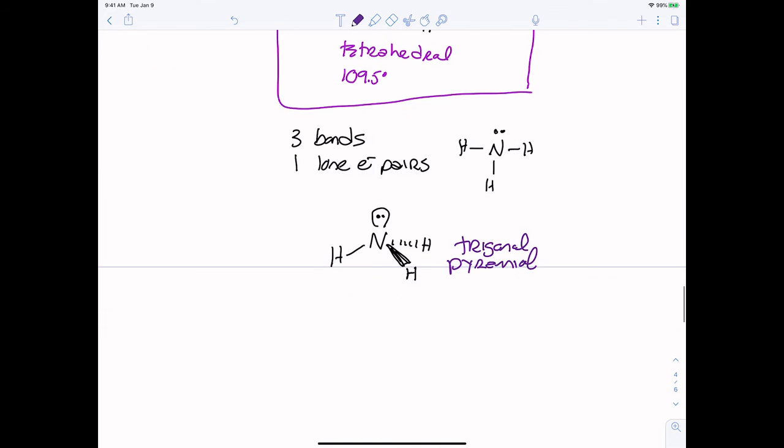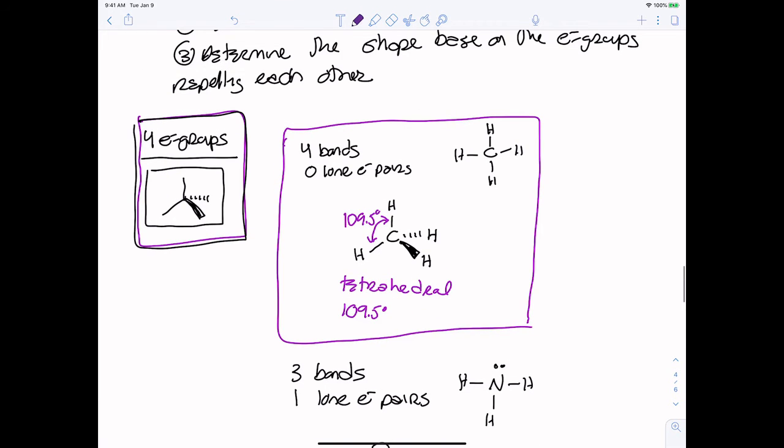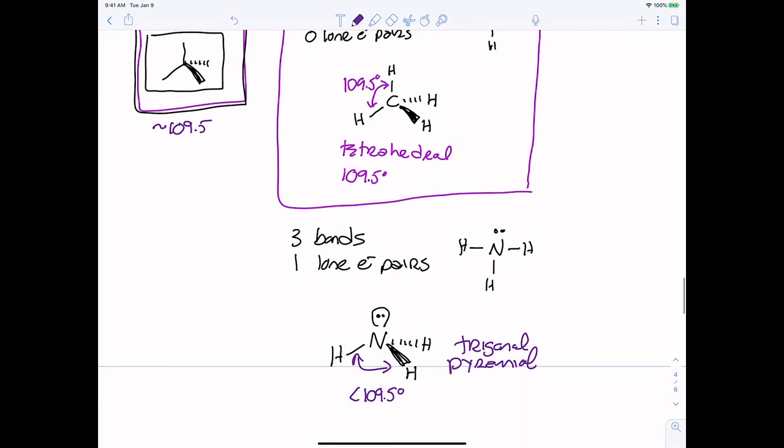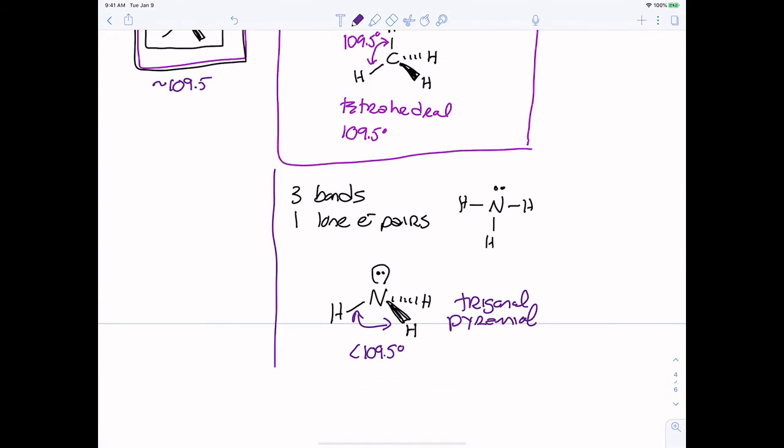Yes, we can. My bond angle is actually going to be a little less than 109.5. So anything with this basic 4 electron group, my bond angle is going to be about 109.5. But every time you replace a bond with a lone pair, you make that bond angle a little bit smaller. Those lone pairs aren't constrained between 2 atoms.